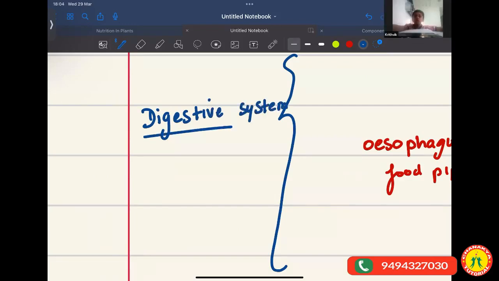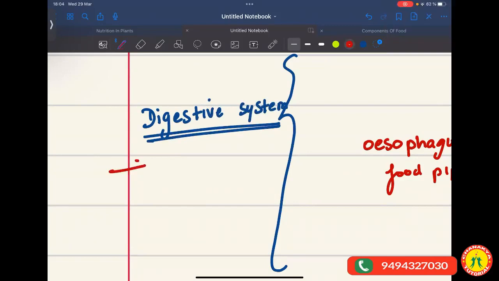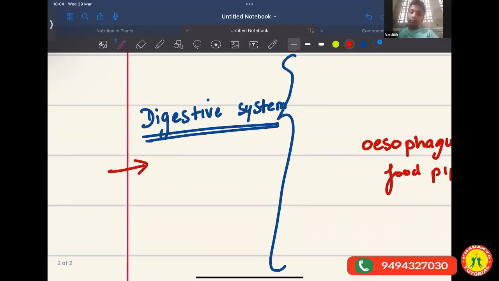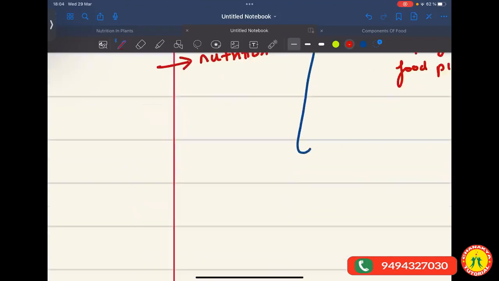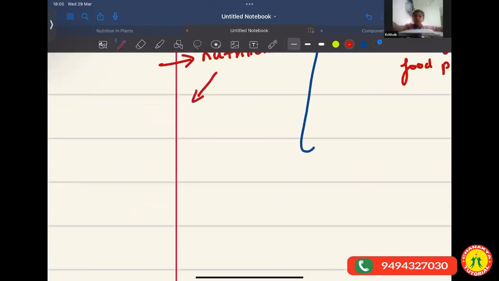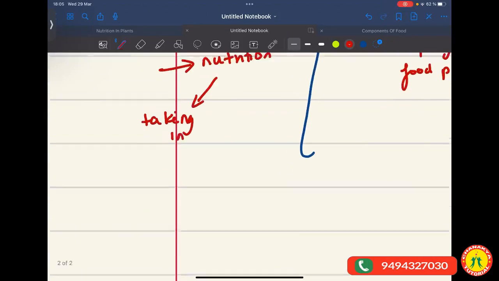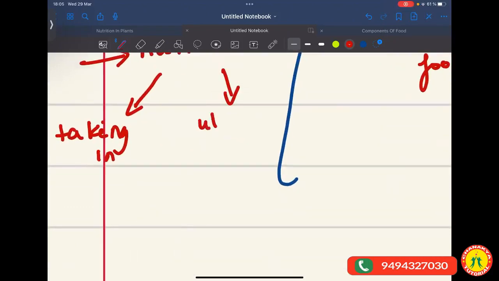To gain energy. To gain nutrition, not energy, nutrition. Very good. So to gain nutrition only. So again, what is nutrition? Nutrition is the taking in and utilization of food.